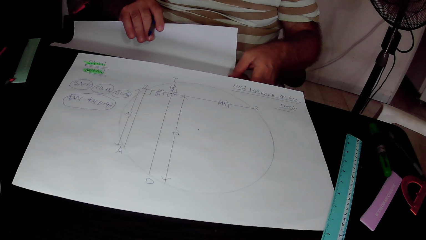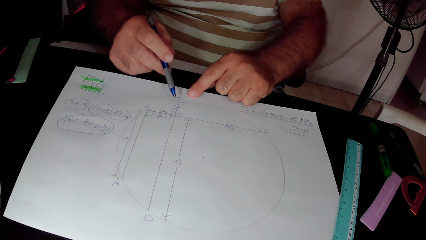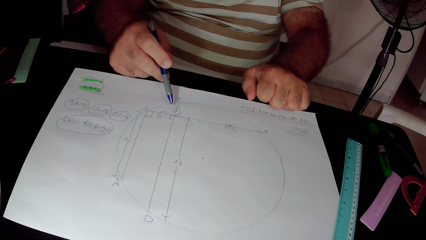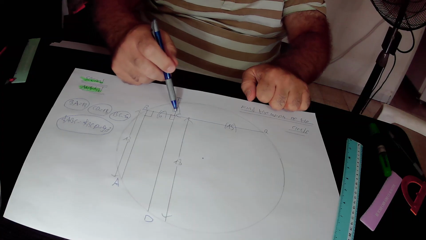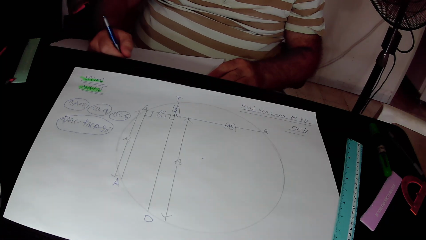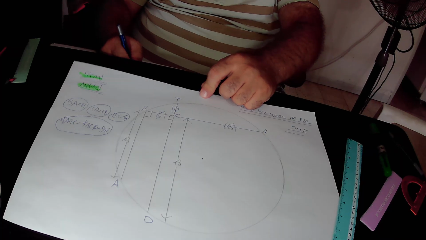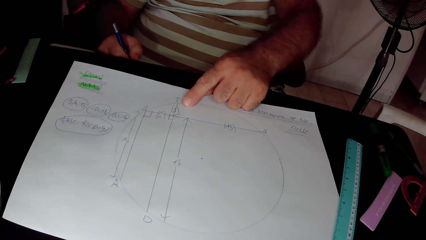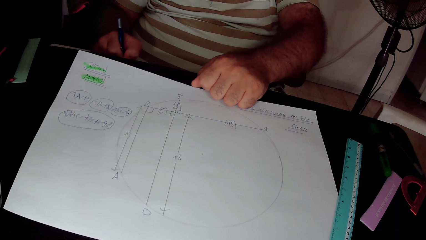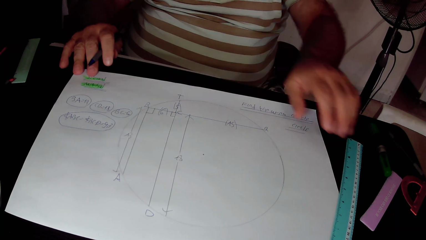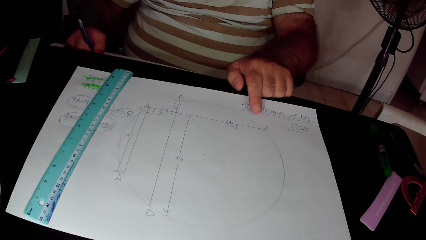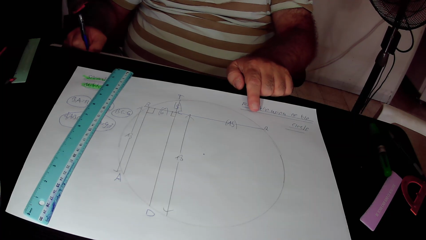According to Rule 26, the following equation is true: TC square plus CD square plus BC square plus CQ square equals 4R square. So I write, according to Rule 26, TC square plus CD square plus BC square plus CQ square, total is equal to 4R square.